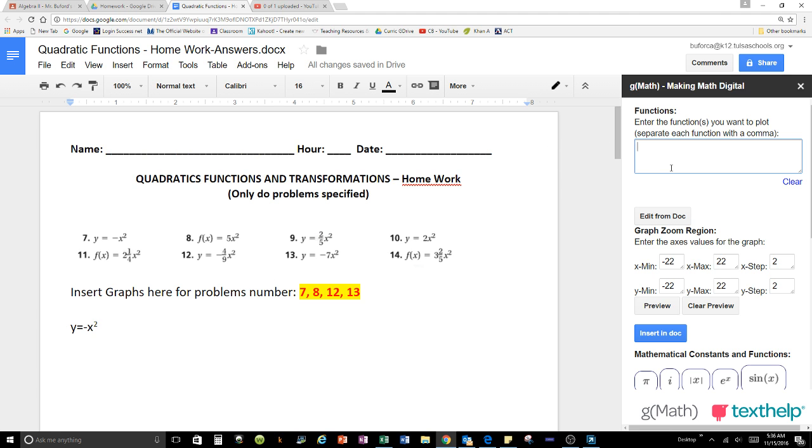Up here we want to type a minus x, shift 6, and then a 2. Make sure the cursor is right under here. Let's do a control period, bring that down. Hit return. Now we hit insert doc.